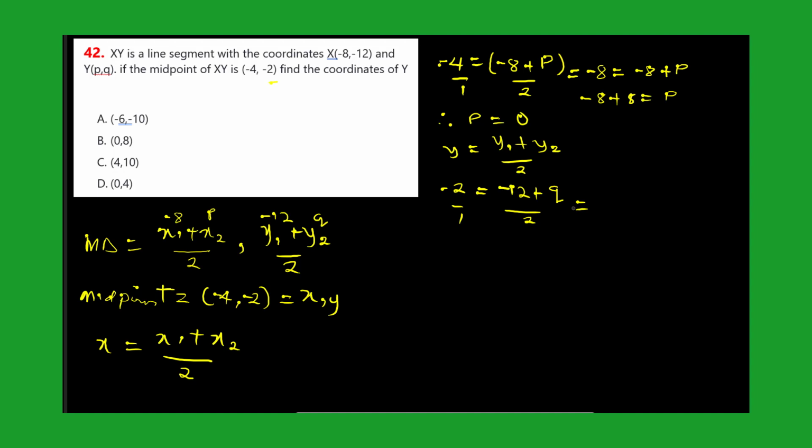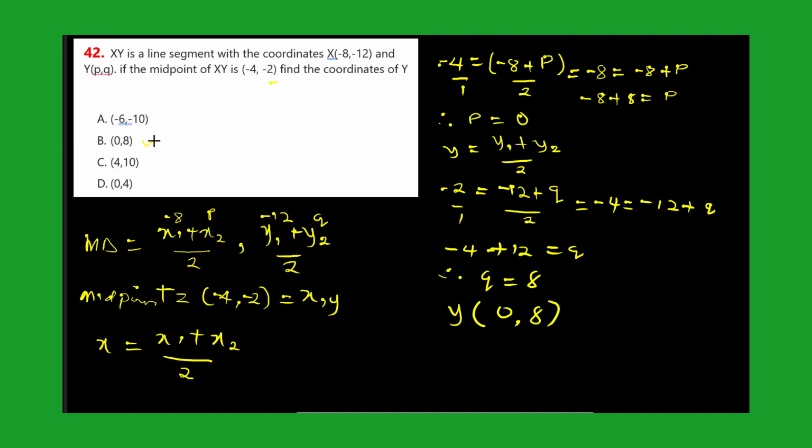Let's multiply to be minus 4 equals minus 12 plus q. Then minus 4 plus 12 equals q. Therefore, the coordinate for Y will be (0, 8). That is option B.